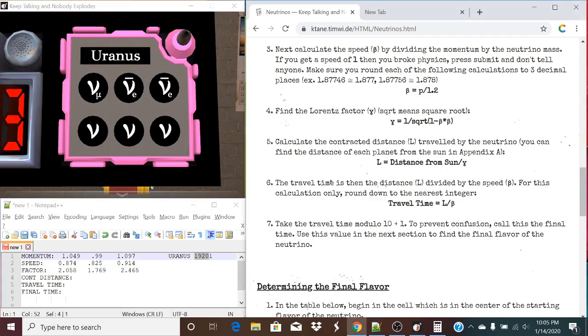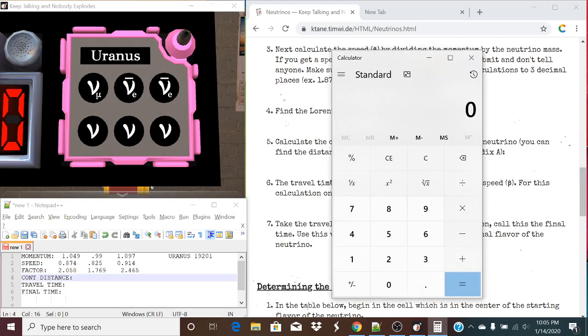We're going to use the Lorentz factors we got and divide 19,201 by each one. So 19,201 divided by our first factor, 2.058, gives us 9,329.932.